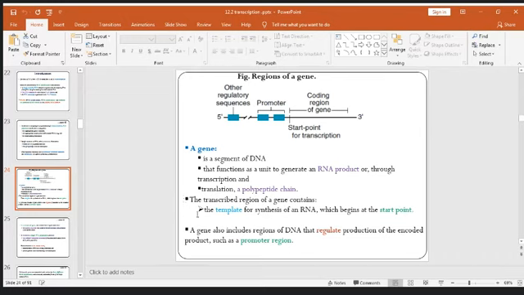So the transcribed region of a gene contains the template DNA strand for the synthesis of an RNA, which begins at the start point. The template has a start point. The gene also includes regions of DNA that regulate production of the encoded product, such as a promoter region.